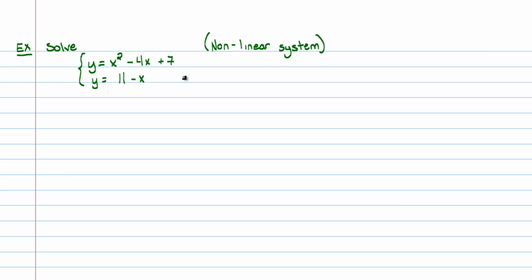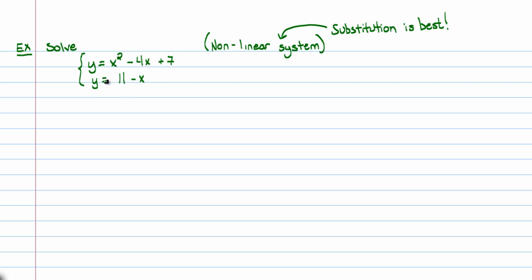So when you're doing nonlinear equations, substitution is best. However, I do want to reiterate, when you're working with linear systems of equations, that is where you want to try to use the elimination method if you can. But in this case, we're going to go ahead and use substitution here.